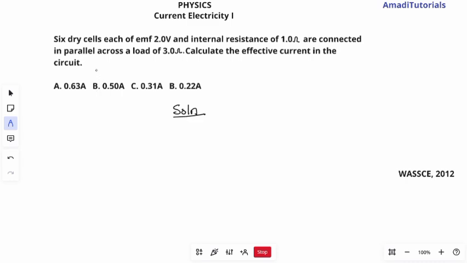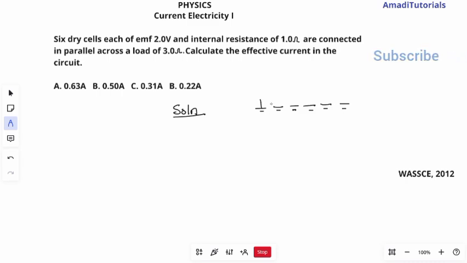Now I'm going to first sketch this so that we can see the overview, because if you don't sketch it, you may have problems doing the calculation. So we have 6 cells that are connected in parallel. So this is my cell number 1, cell number 2, cell number 3, cell number 4, cell number 5, cell number 6.